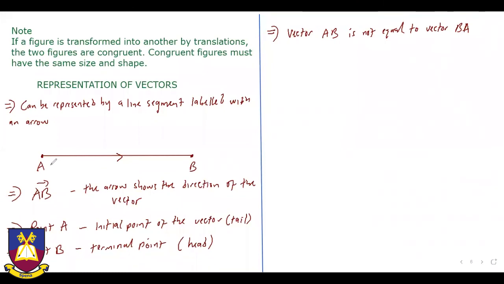So the length of this line segment AB will represent the magnitude or size of this vector.